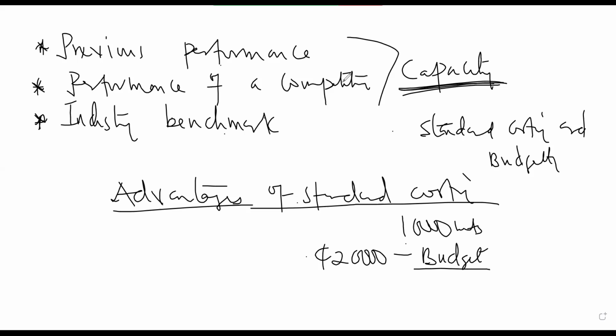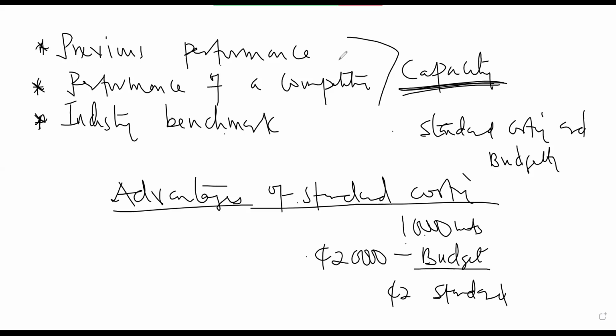But what will be the cost per unit? That's 20,000 divided by 10,000, which gives us 2, isn't it? This particular 2 over here is what we call the standard.